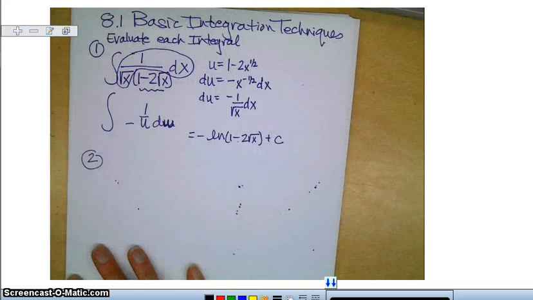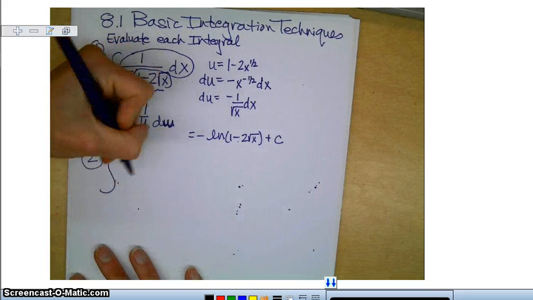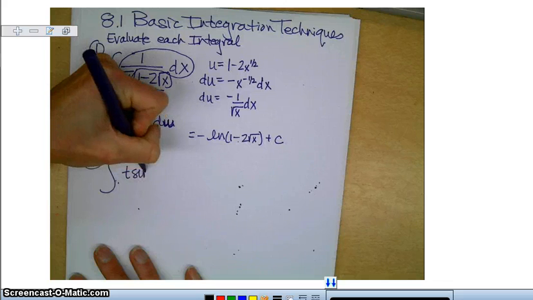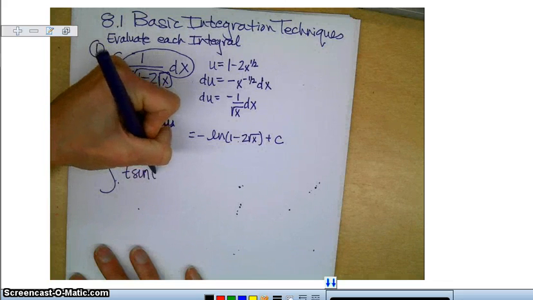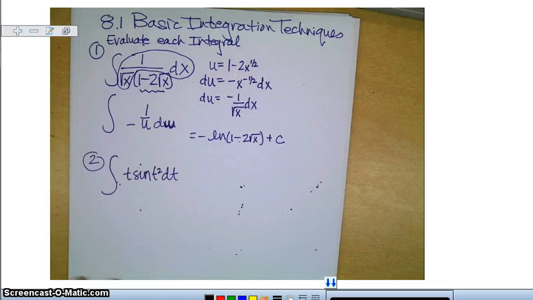All right, next one. The integral of t times sine of t squared dt. Ideas?